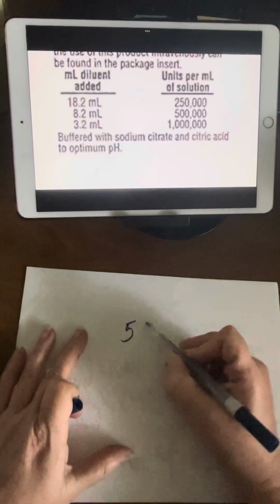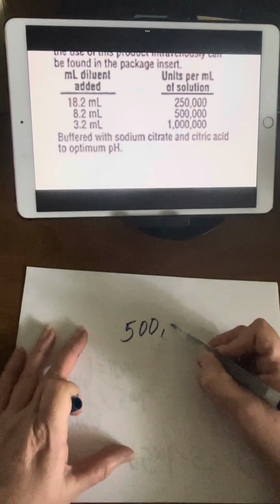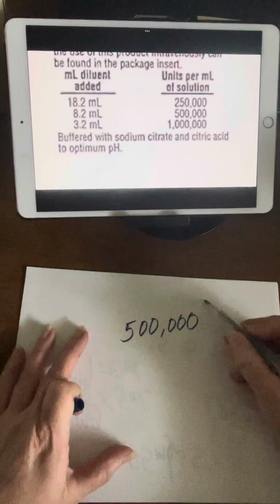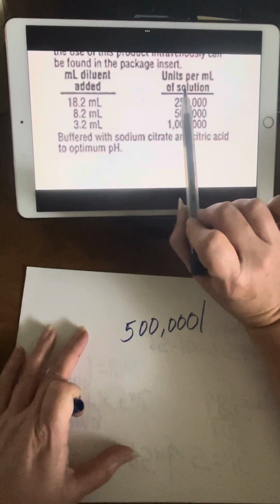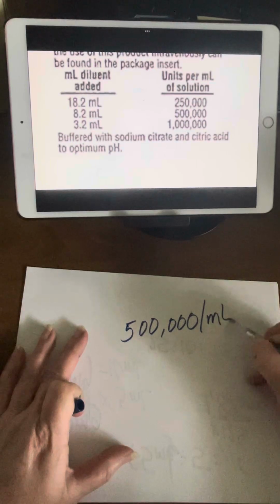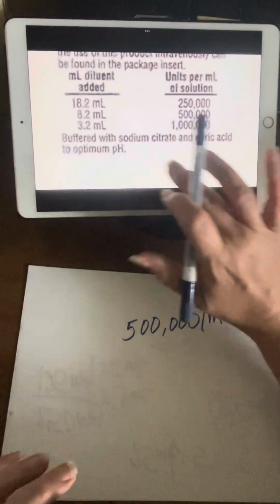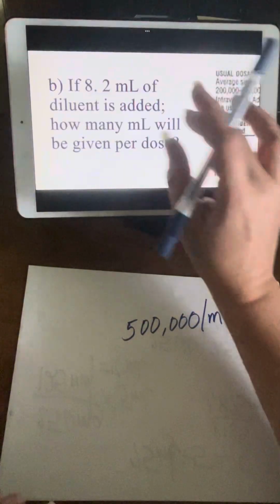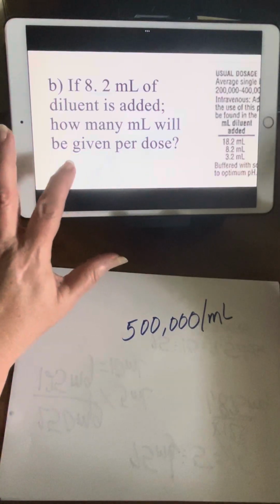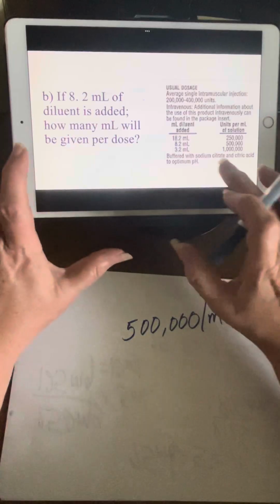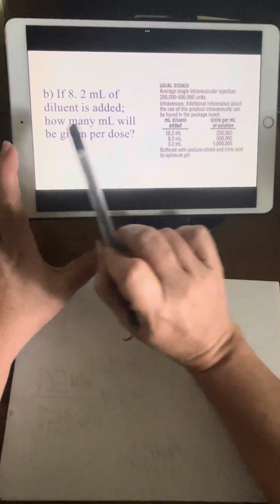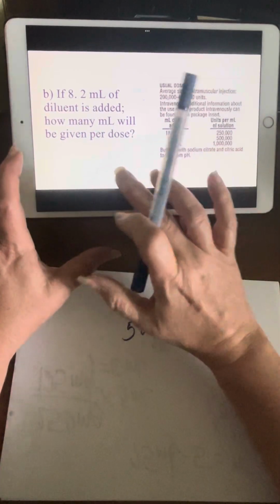That would be what we have in our hand, 500,000 units per milliliter. Okay? All right, look down in there good. Zoom it in, study it. So if 8.2, how many milliliters will be given per dose?